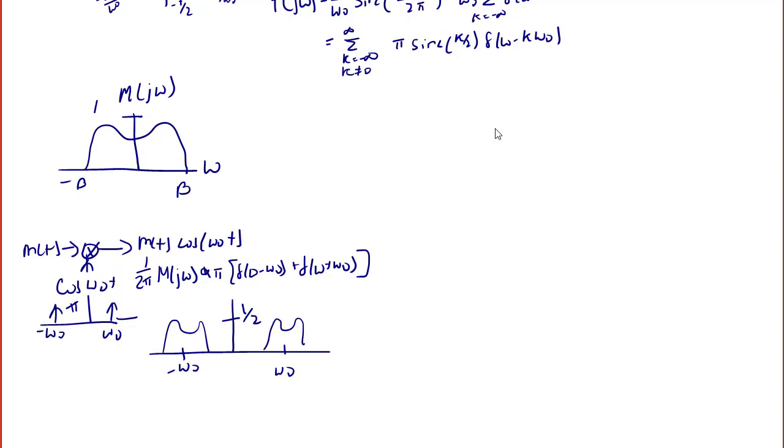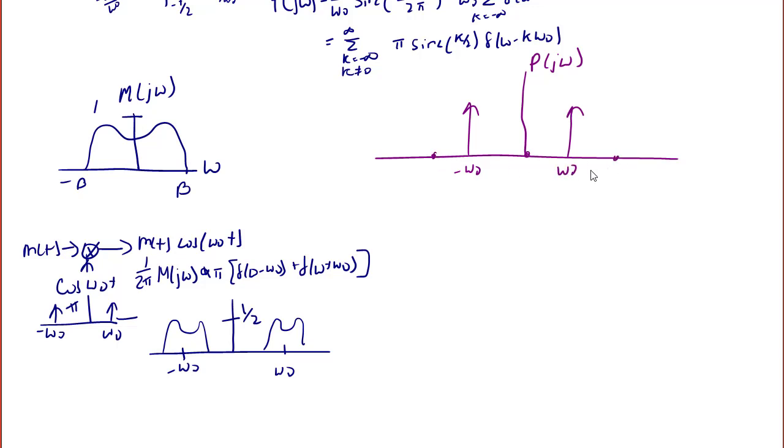Using the switch, or the pulse train, we know that P of j omega has the following form. So we would have a pulse at omega naught and negative omega naught, but the train also continues.